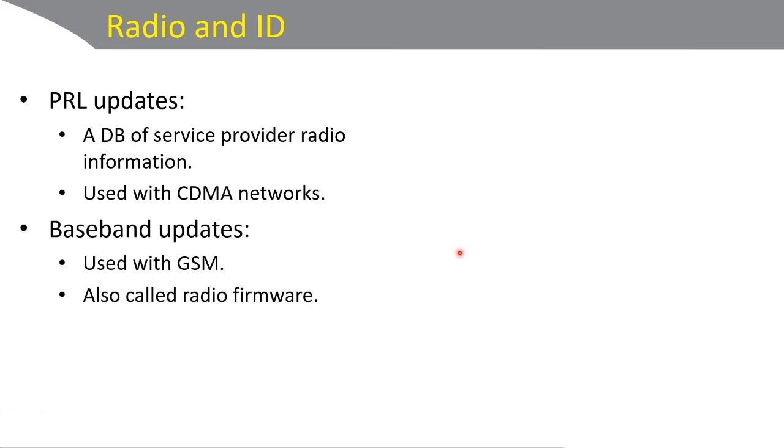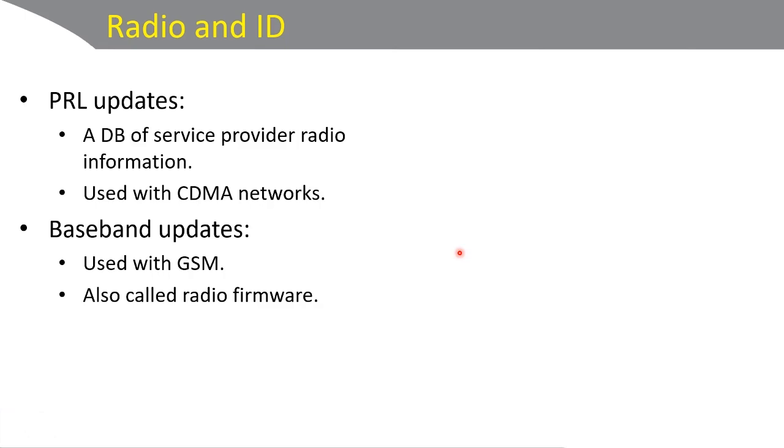But if a phone uses GSM, that technology and its radio functions are controlled by a chip and a software package that's collectively referred to as baseband. Baseband updates are necessary, just like PRL updates if you're using CDMA, to communicate properly with GSM-based cell towers.